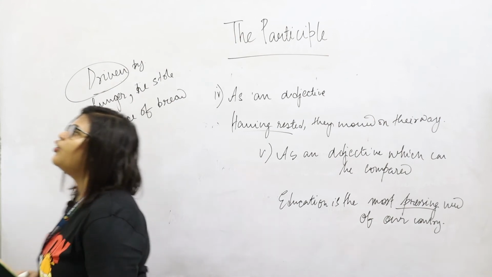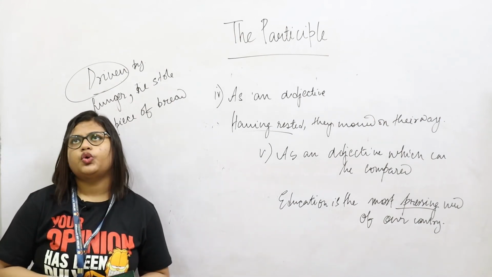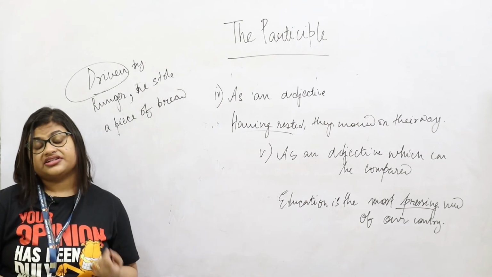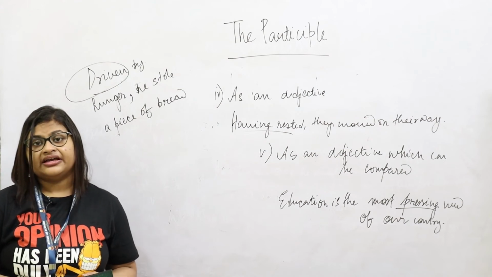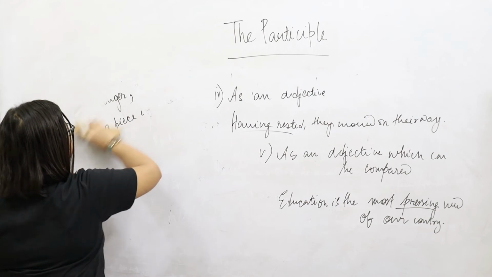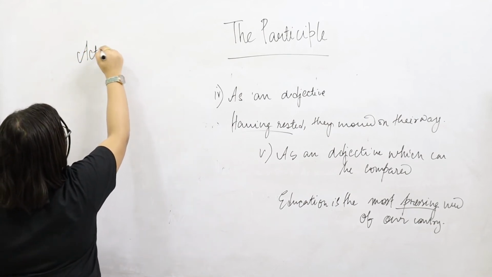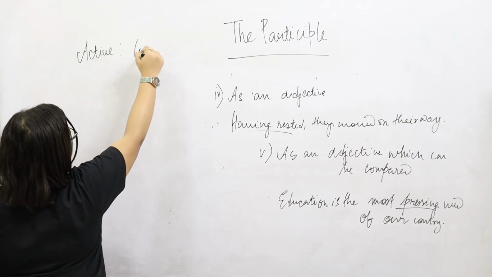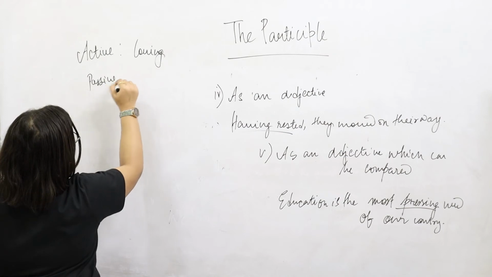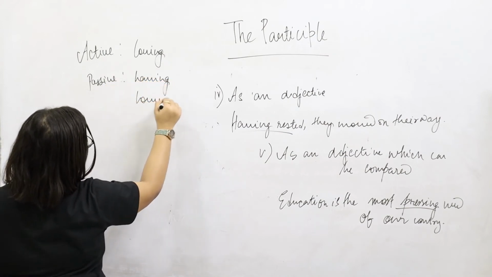So we also use participles in active forms and in passive forms. For example, in the active form, if it is loving, in the passive form it becomes having loved.